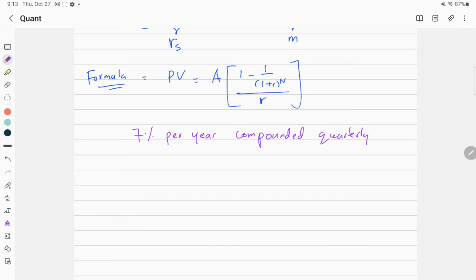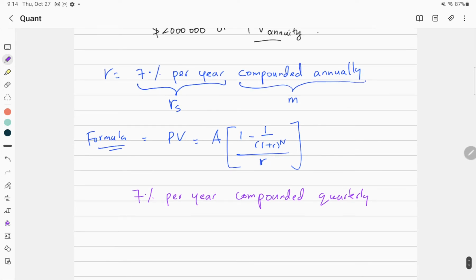Now we have to find the effective annual rate of this rate. We can't just put the 7 in this r and use it in our calculation because we're told that it's compounded quarterly. It's per year, but it's being compounded quarterly, so we have to change it into an interest rate that we can express as compounded annually, just like this one.